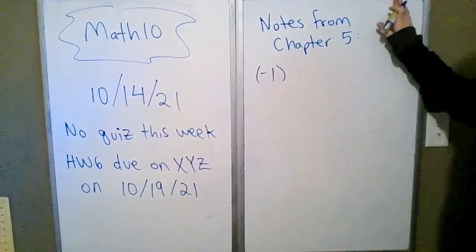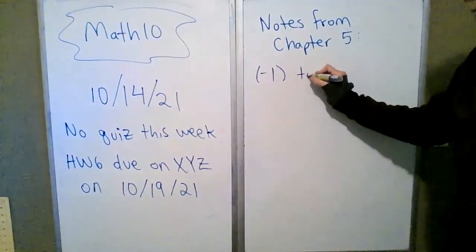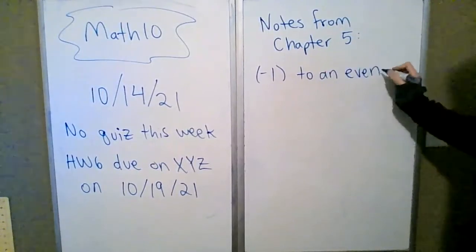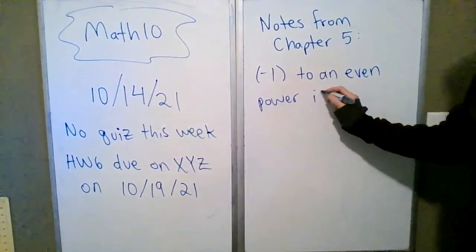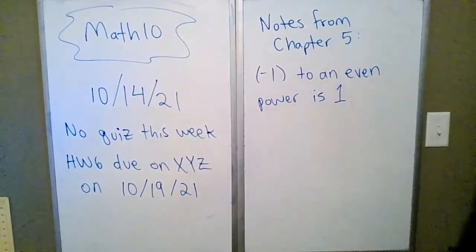If you have -1 to an even power, it's +1. -1 to an odd power is -1.